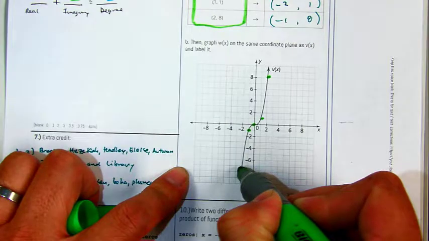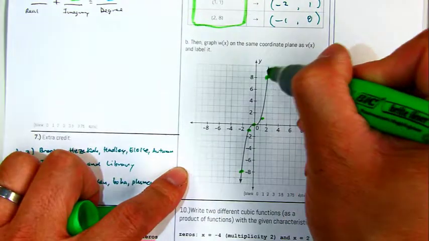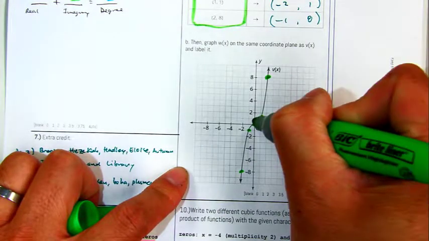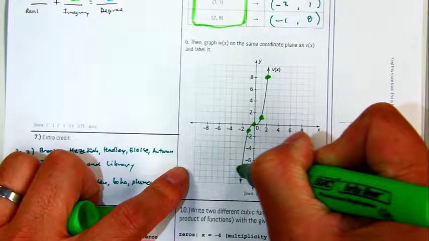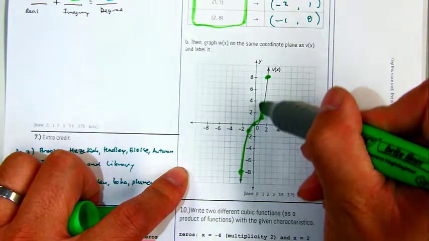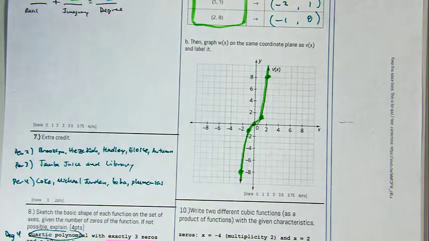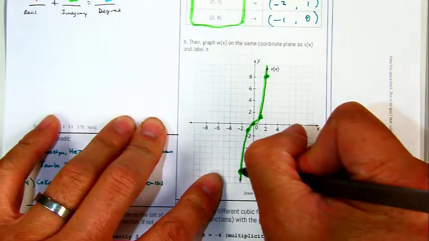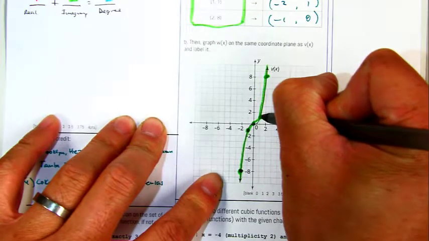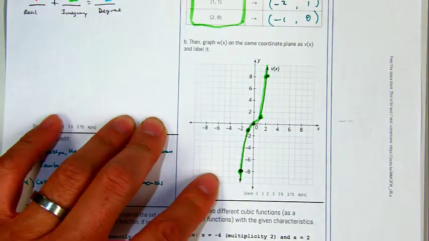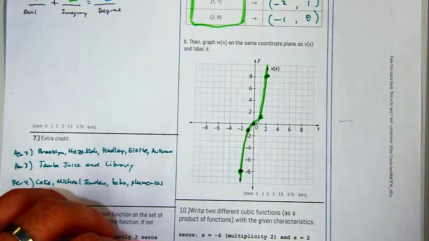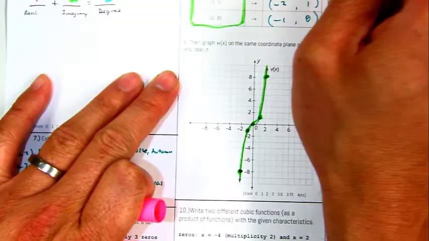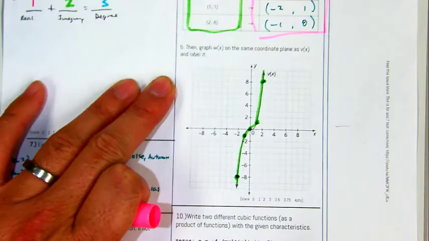So here in the green, you have v of x. Try to make those points very clear. And then now if I take my new one, w of x, let's graph those.